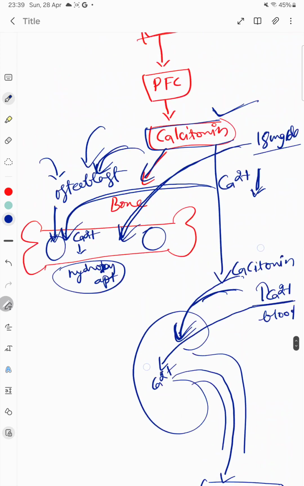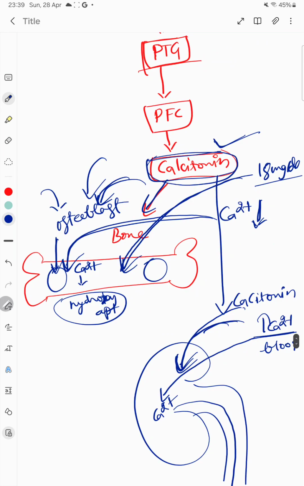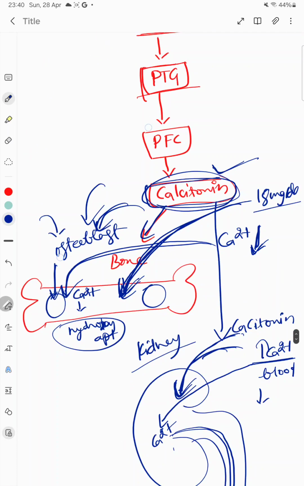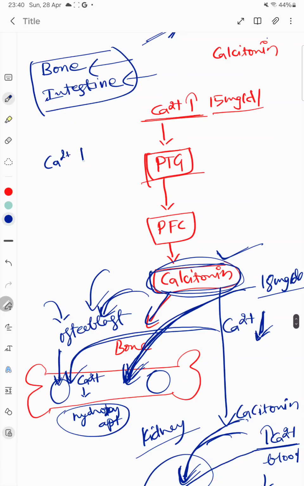Okay, so the main function of calcitonin in a nutshell is on the bone. When calcitonin acts on the bone, calcium uptake happens by the osteoblast, thereby decreasing blood calcium level. And calcitonin on the kidney helps in excretion of excess calcium, which is not required in the blood, out into the urine, thereby again decreasing the calcium. So whenever you have increased calcium, you have calcitonin.